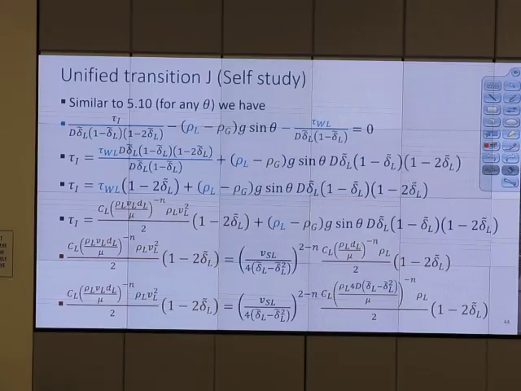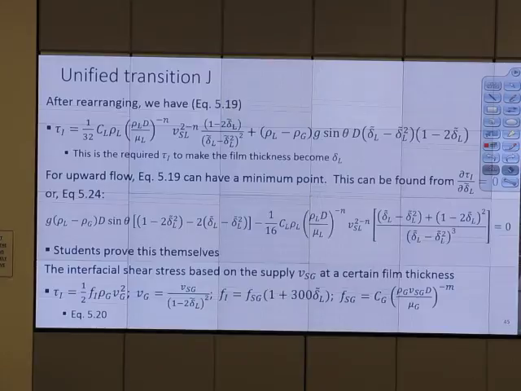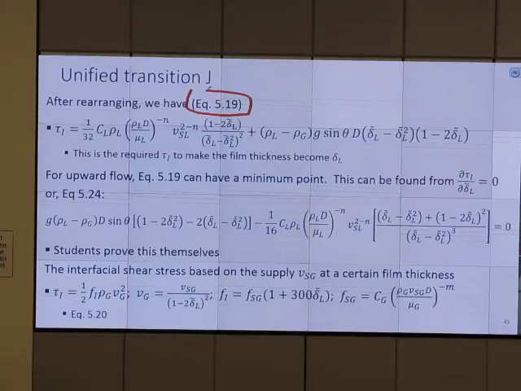Substitute all those things, and we get tau I divided by something as a function of film thickness, and tau WL divided by something as a function of film thickness. Rearrange it, we get this equation 5.19. Where is the page number for 5.19, Hakim? Of course, it is in chapter 5. June, where is 5.19?